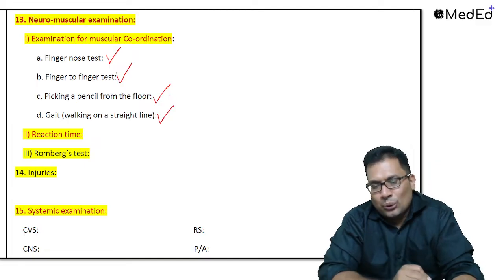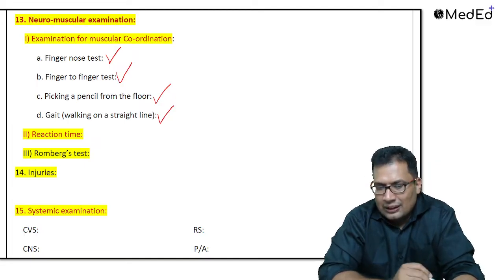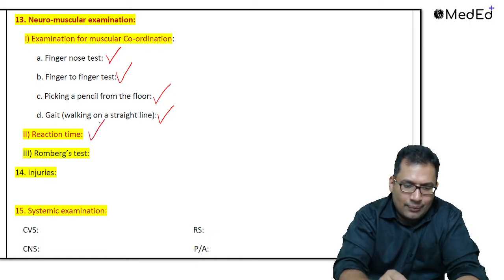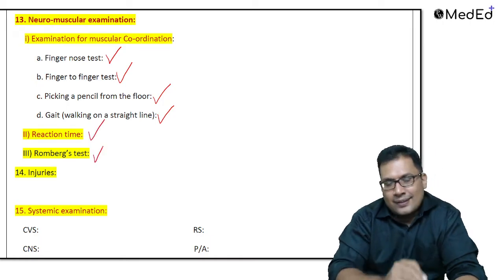You can ask the patient to walk in a straight line to check the gait. So based on all this, also the reaction time, you can also do the Romberg test.